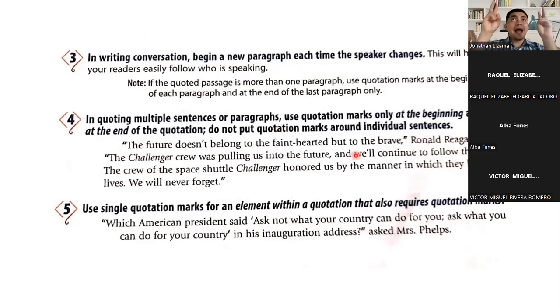La single quotation es que usted abre el par de comillas que conocemos, pero adentro de ellas abre otras dos. Miren el ejemplo. ¿Quién lo dijo? La señora Phelps preguntó, which American president said? Ahora, no es lo que dijo ella. Ella preguntó cuál dijo el qué. Eso que dijo esa persona es otra citación. Por eso se abre otra single quotation.